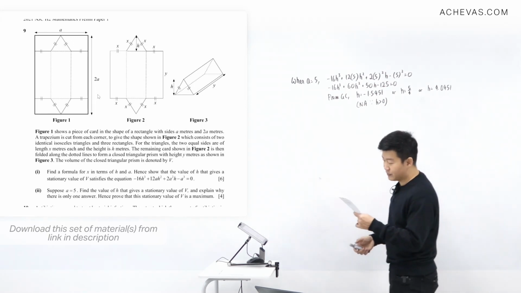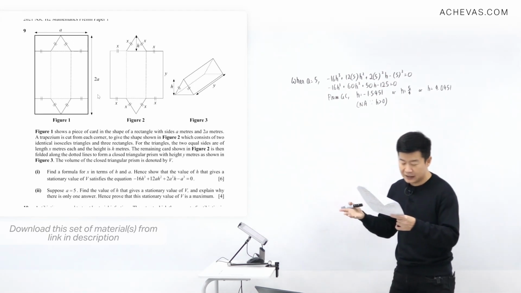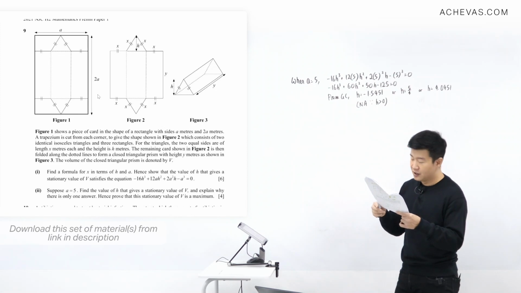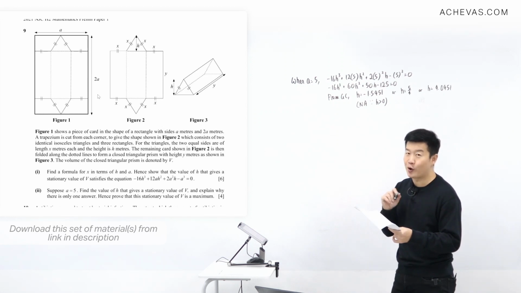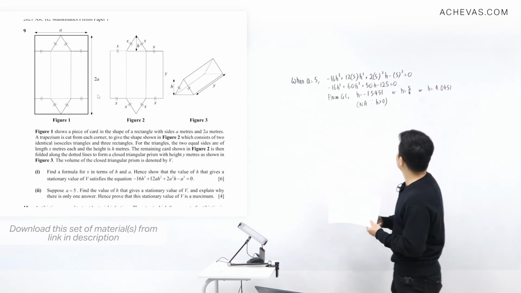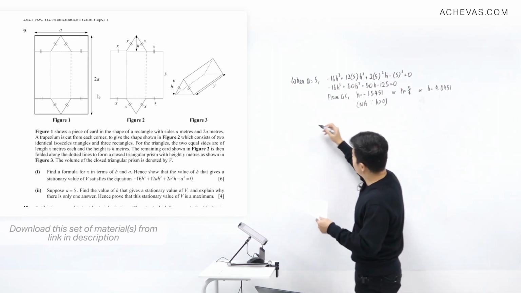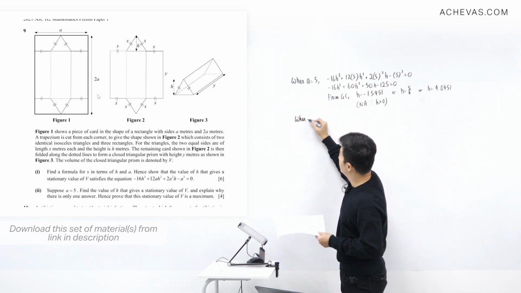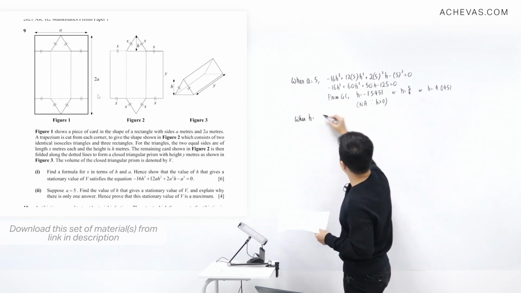So let me make use of this length over here. Okay, actually it is not the vertical length, it is the horizontal length, but let me show you what I mean. So here, let's try when h is equal to, let me pick this value, 4.0451.